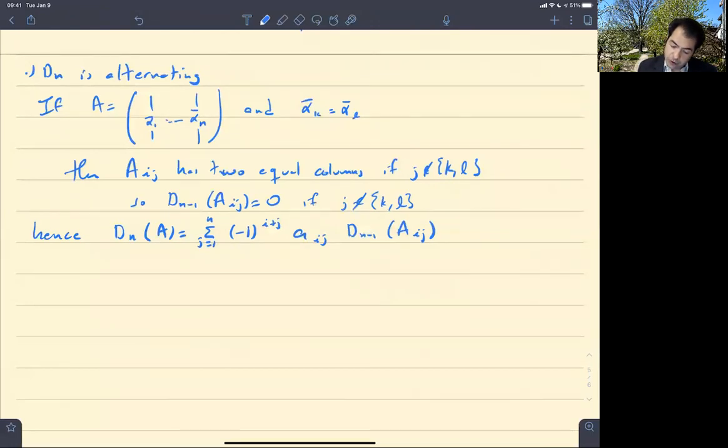So I'm going to have two terms: the term when j is equal to k and the term when j is equal to l.